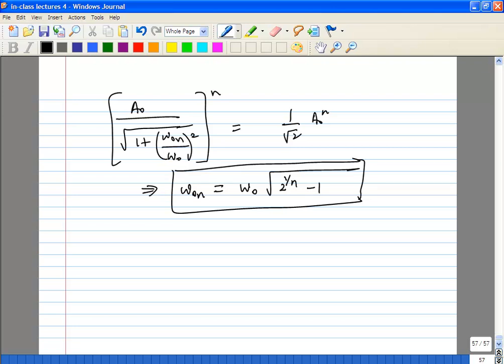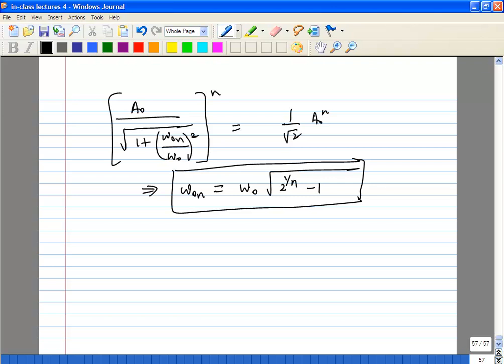So the overall bandwidth for an n stage cascade is nothing but omega naught times root of 2 power 1 over n minus 1. Okay, that's very easy. So you just A naught gets cancelled. 1 plus omega n over omega naught whole squared, whole power n, is nothing but 2.